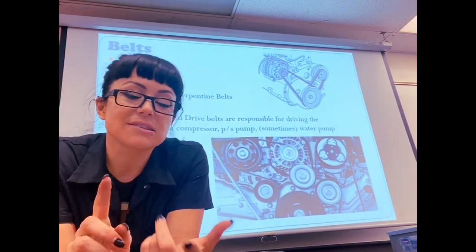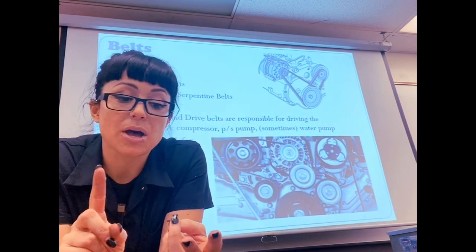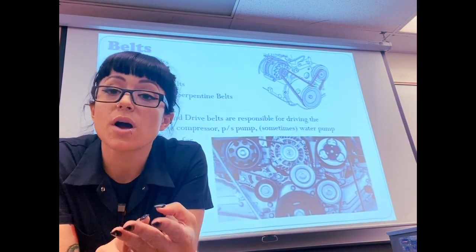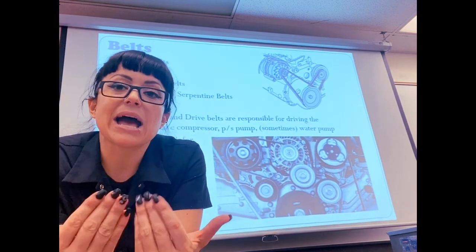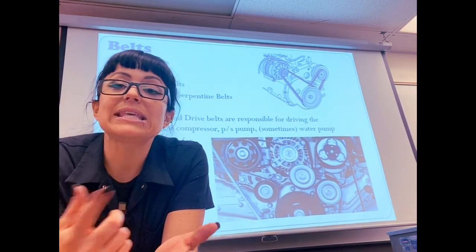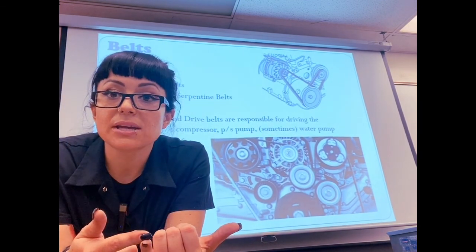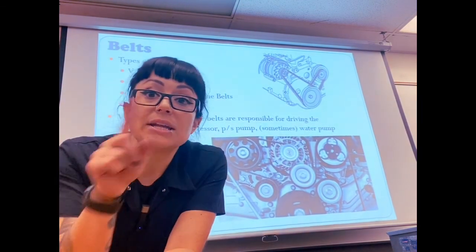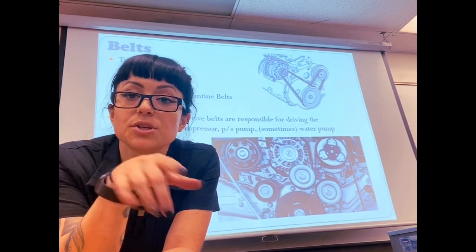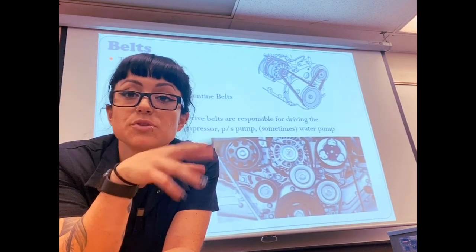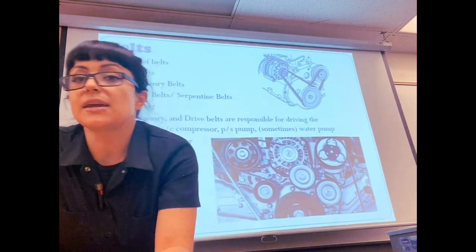Accessories are things like your air conditioning, your power steering pump, your alternator even, or even a water pump. Auxiliary things outside of the engine that need to use the engine's rotating force to turn. So our air conditioning needs our engine rotating force to turn it. The power steering pump needs to be turned by the engine rotating assembly.